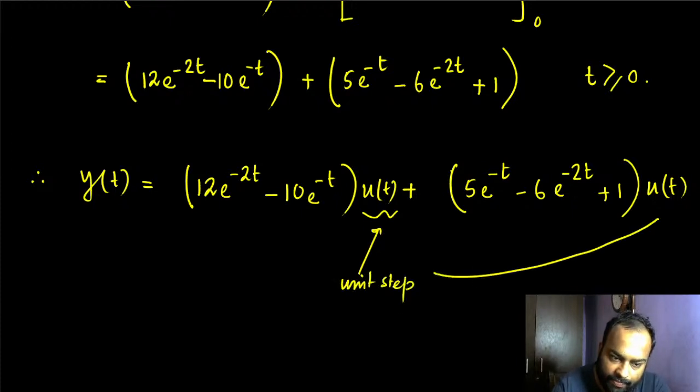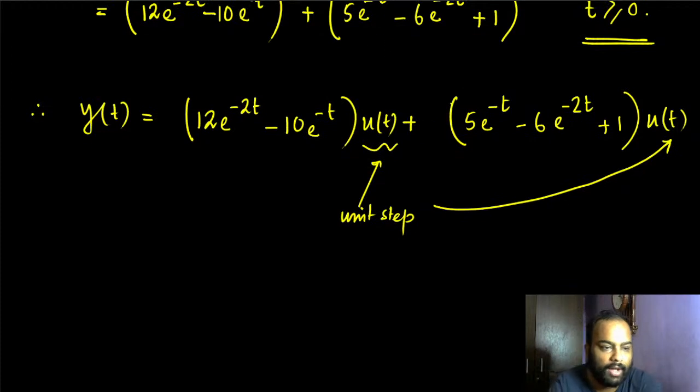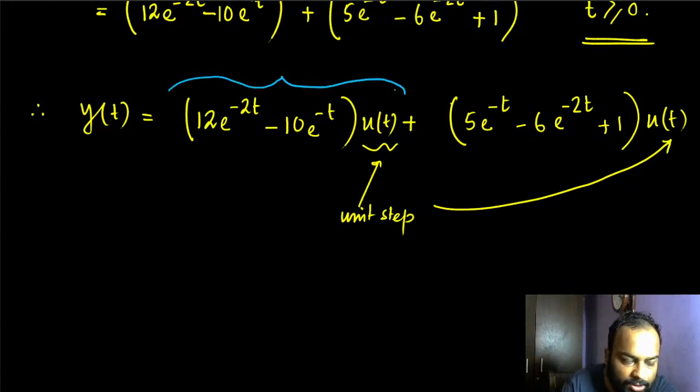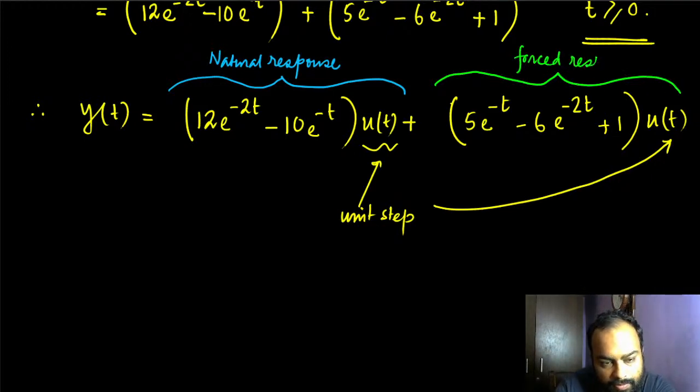The same thing here, indicating that this condition is met. Okay, all right. And these two, once again, this one represents the natural response of the system. And this one represents the forced response of the system, and taken together, they give you the output of the system.